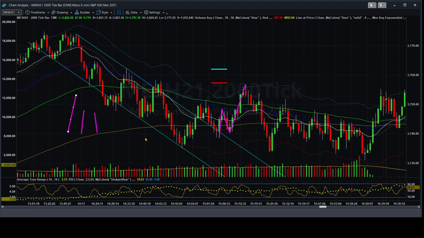That's why we have to train the eye to spot these two-leg pullbacks easily. But here we can see that the two-leg move applies.